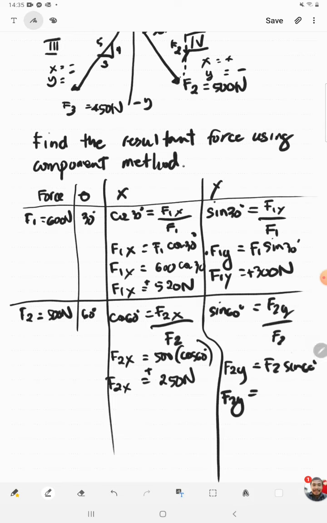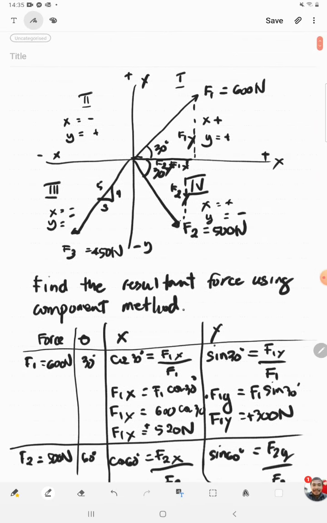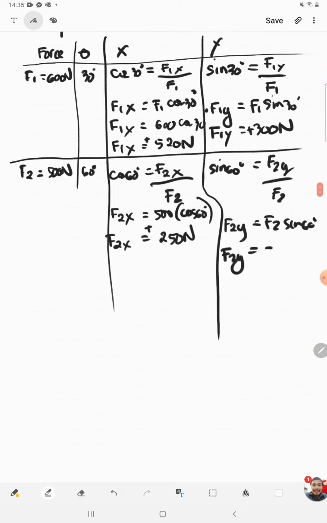And you will see that this is negative, because along this portion here, your y is minus. So F2y is negative 433 newtons.